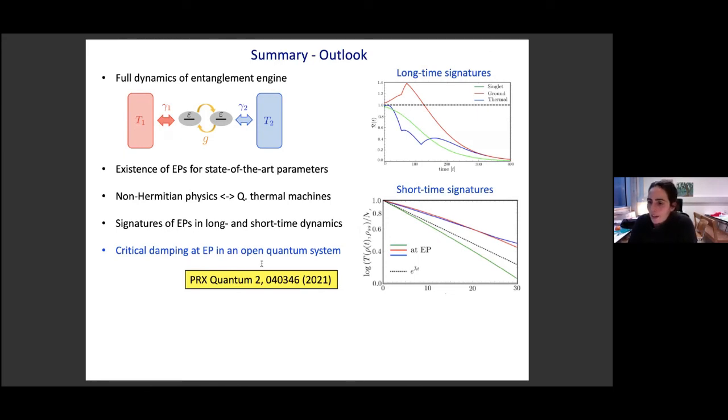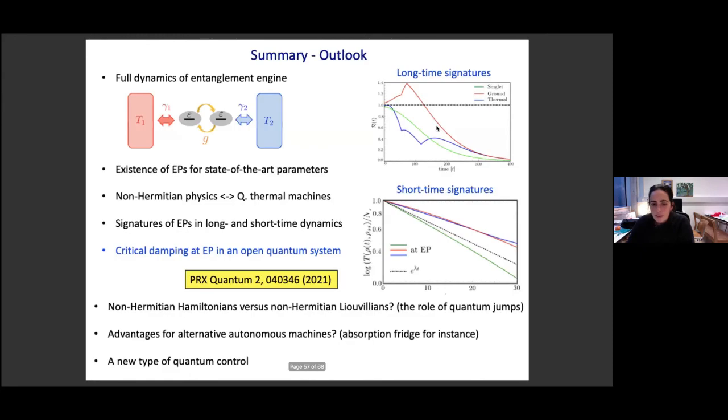In fact, if you take a random initial state, you will see this critical damping. Here I took 3 examples of initial states: the singlet, the ground, and thermal, because these are initial states which are relatively easy to achieve experimentally. But you will see critical damping with all the states.